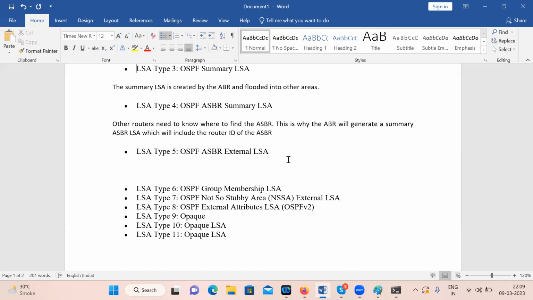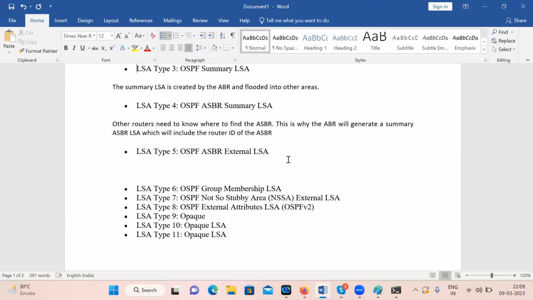Type 5 LSA is generated by the ASBR router to inform the external routes information. External routes means the routes coming from a non-OSPF routing protocol. It can be RIP, it can be EIGRP, it can be static, or BGP or anything.